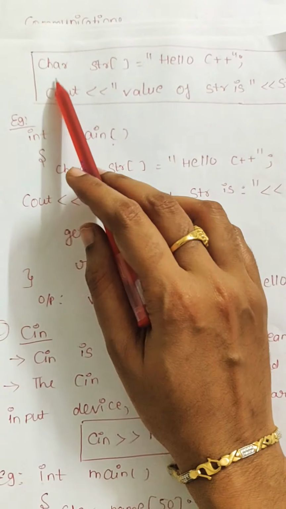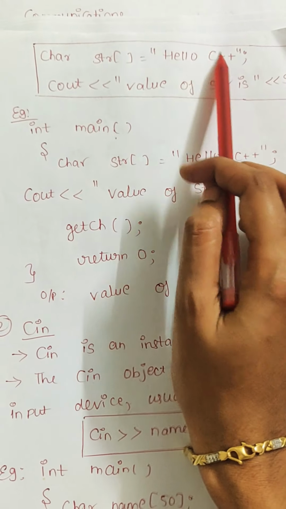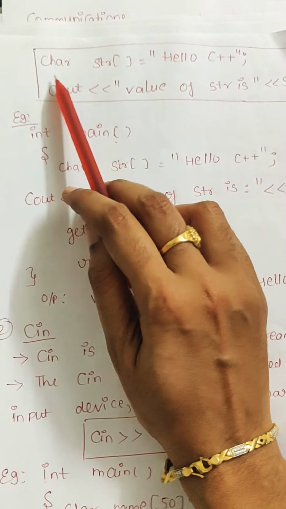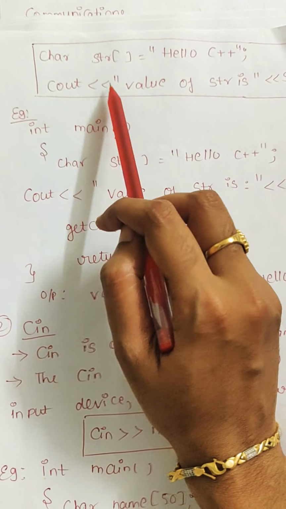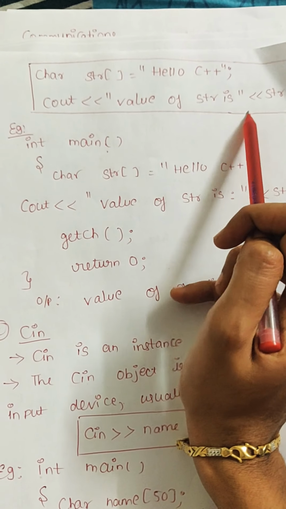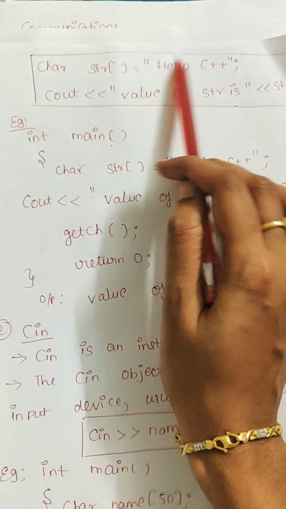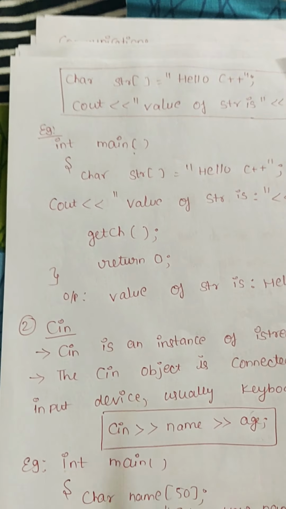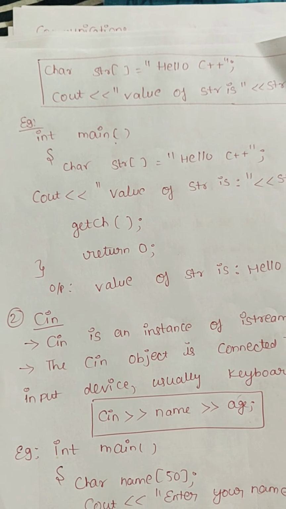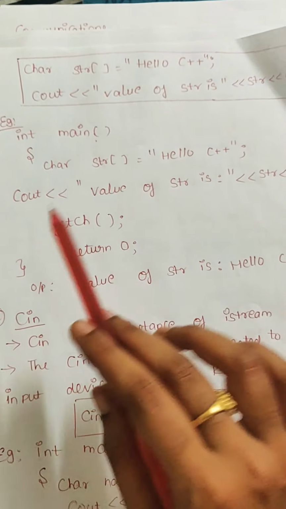So we are taking this as a string array. char str equal to "Hello C++". So cout, "value of the string is", we are printing str, endl. Okay, so see the program. int main, char str equal to "Hello C++".